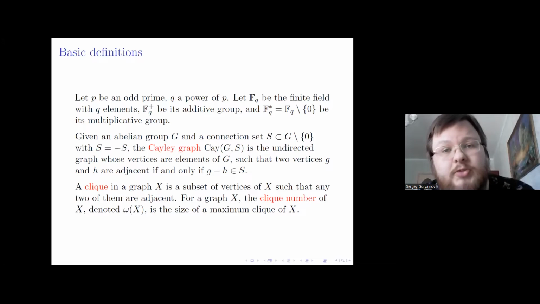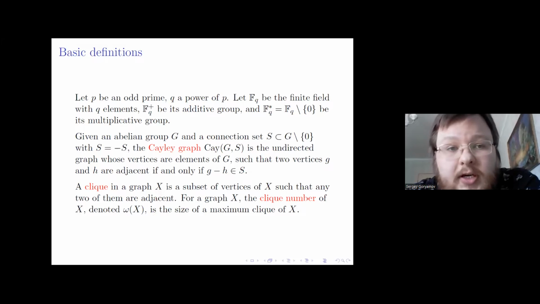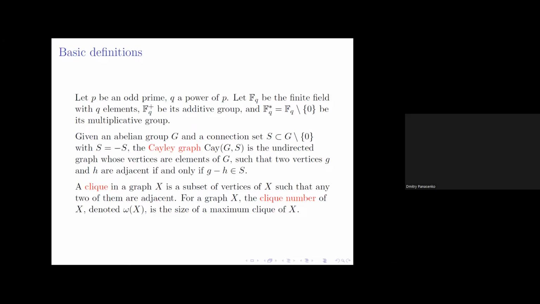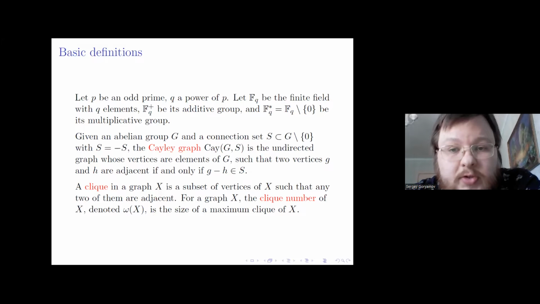Given an abelian group G and the connection set S, the Cayley graph Cay(G,S) is the undirected graph whose vertices are elements of G such that two vertices g and h are adjacent if and only if their difference belongs to S. A clique in a graph X is a subset of vertices of X such that any two of them are adjacent. For a graph X, the clique number of X, denoted by omega(X), is the size of a maximum clique of X.